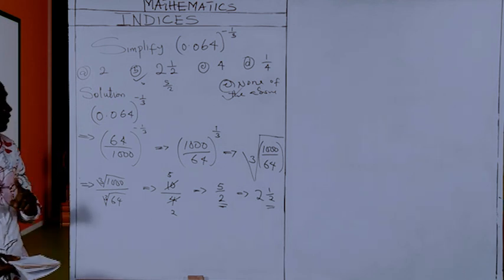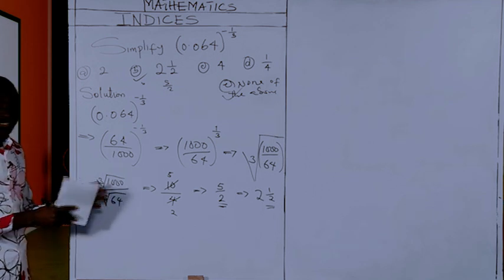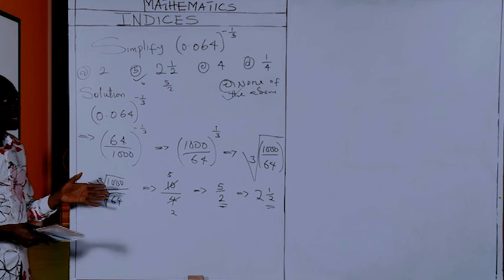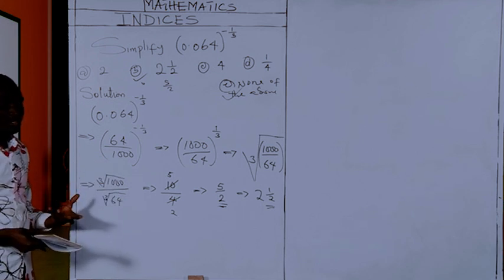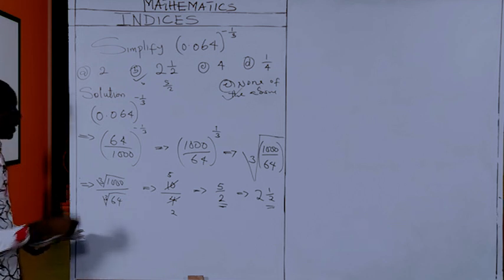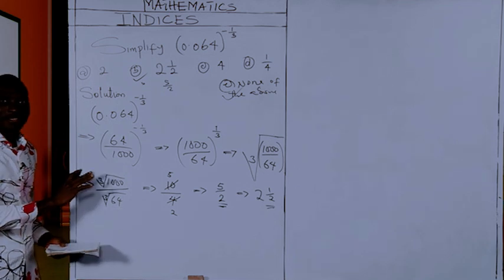So you have to be very careful and mindful of these tactics that examiners usually use to sway the students or candidates. Now let's move to the next question. I hope you understand this.